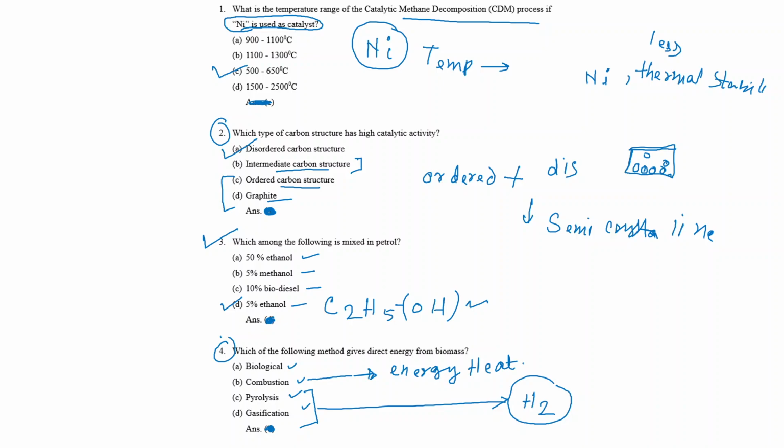If we burn wood or cow dung, it will produce heat energy, but no hydrogen. You can get hydrogen through the proper processes, pyrolysis and gasification. So the correct answer is B. Is it clear?